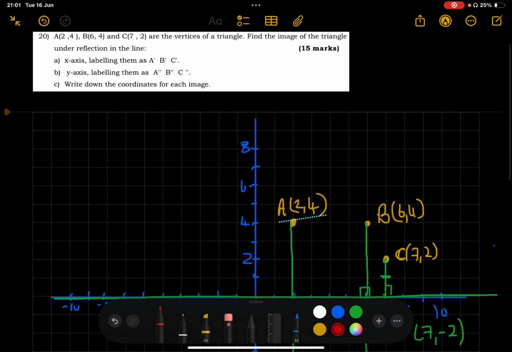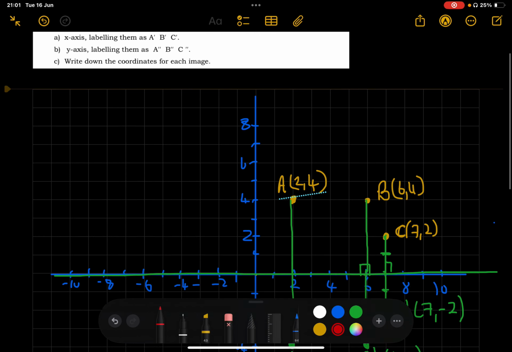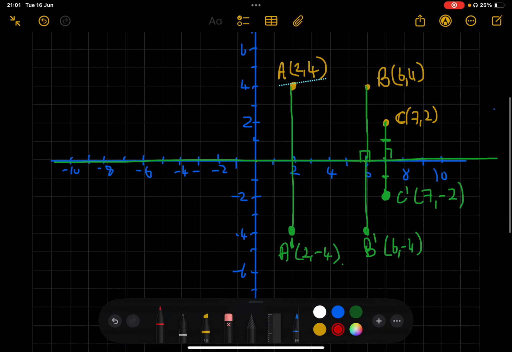Now we want to find the image of the triangle under reflection in the y-axis. Oh, so if we're just to complete this, we should draw the triangle, right? Not just the points, sorry. Okay, so the triangle's been turned upside down and put below the x-axis.